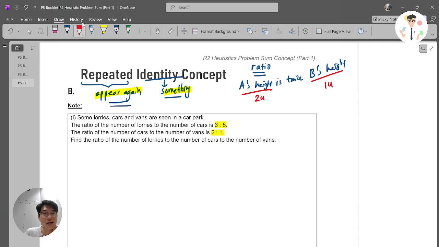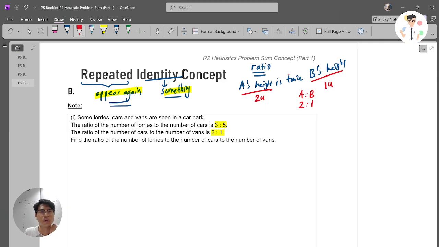Okay? So with that in mind, this is what we have learned, and this is exactly what we call the ratio as well. So A to B is 2 to 1. So if you see something like 3, 5, or maybe 2, 1, that basically means that the unit here is 2, the unit here is 1.